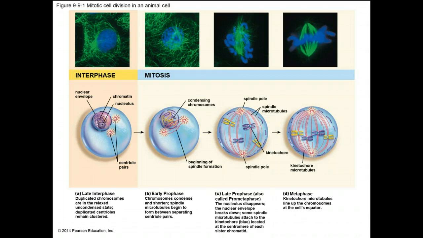Remember, interphase consists of G1, S, and G2, and then mitosis consists of prophase, which is sometimes divided into early and late, with late prophase being called prometaphase, metaphase, anaphase, telophase, and cytokinesis.